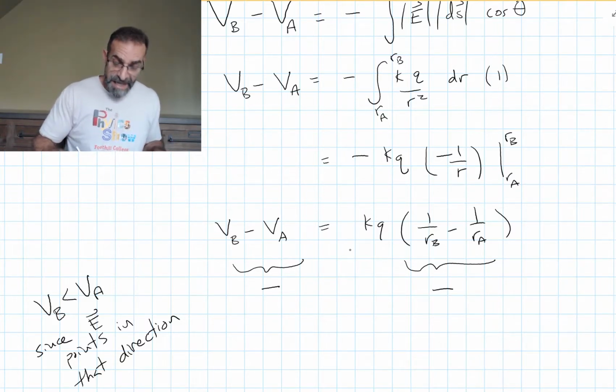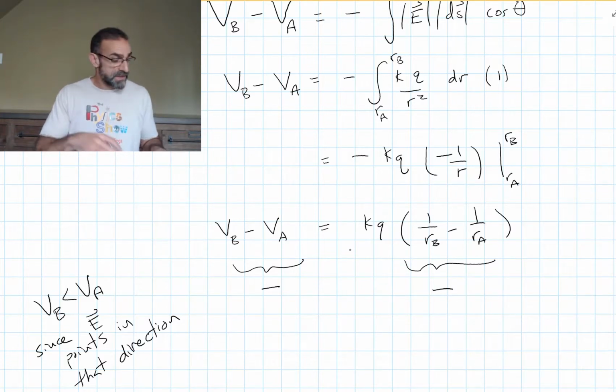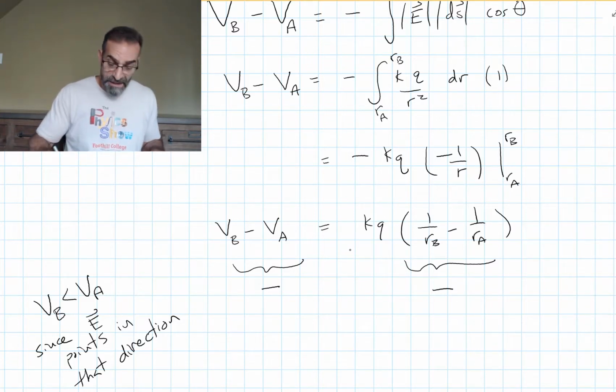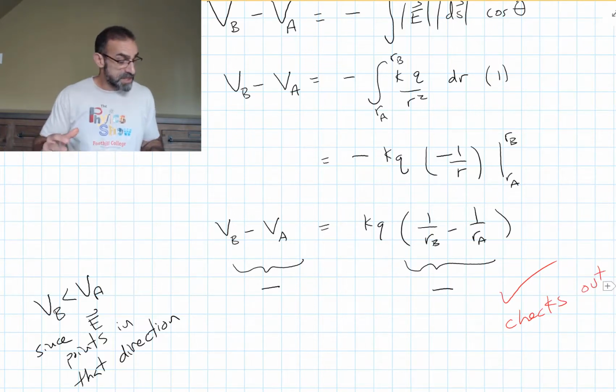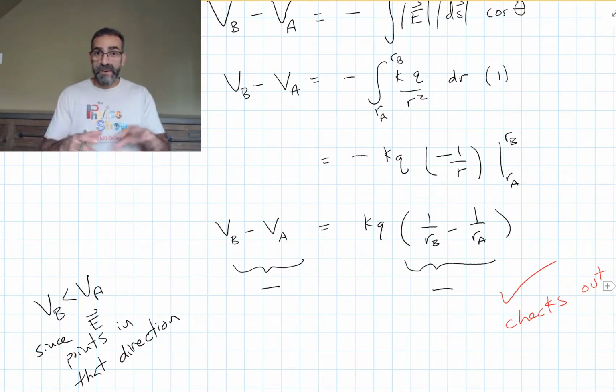Everything checks out. I've got negative on the left side of my equation. I've got negative on the right side of the equation. I'm good to go. I can go on to the next step. I don't have to correct the sign. If one side of my equation was negative and the other side was positive, I would fix it here by adding a negative to one side.